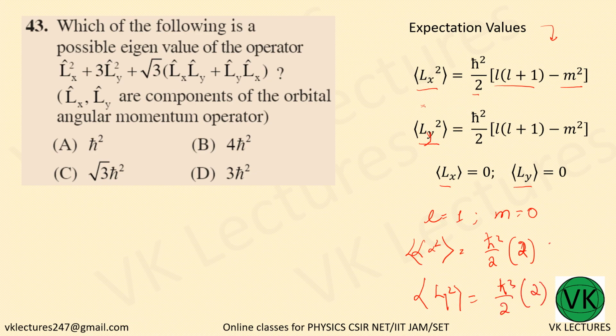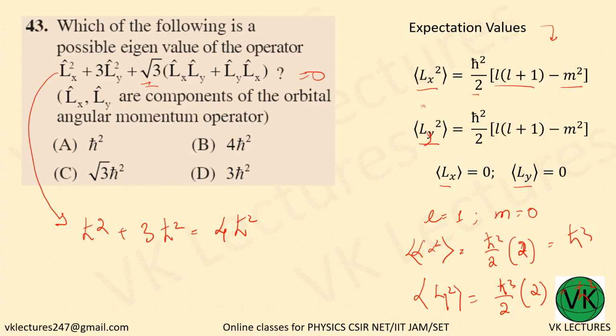So this is equal to h cross square, and this is again equal to h cross square. So here you can write this expectation value is equal to h cross square plus 3 times h cross square, which is nothing but 4 h cross square. The expectation of Lx Ly and Ly Lx quantity will be equal to 0. So your answer is 4 h cross squared. So please remember these values: Lx square expectation, Ly square expectation, and Lx Ly.